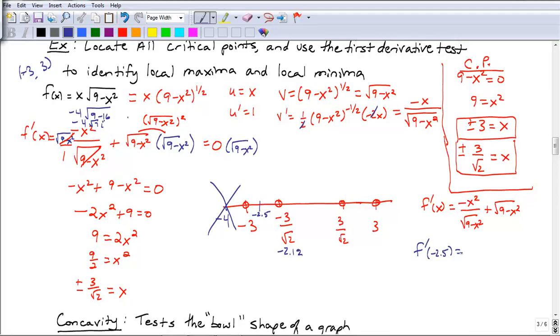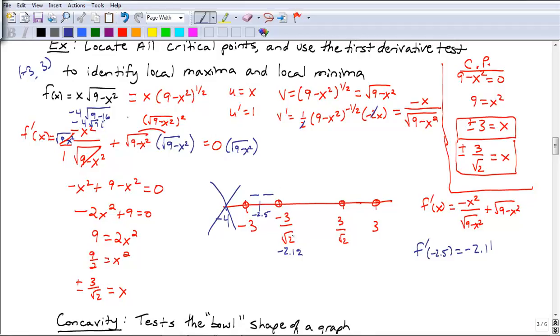So I get negative 2.5 squared divided by the square root of 9 minus 2.5 squared, plus the square root of 9 minus 2.5 squared. And that gives me negative 2.11, which is negative, and since it's the derivative, it tells me it's decreasing there.